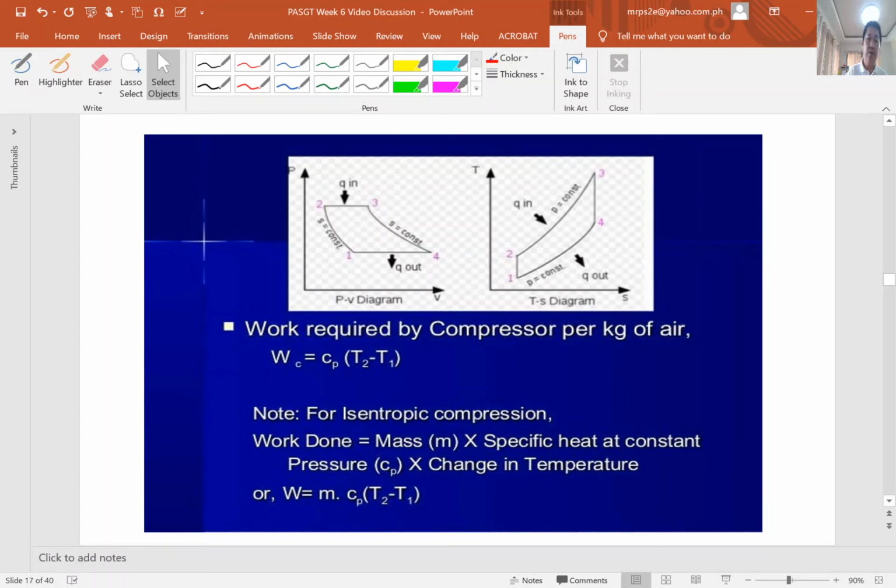So we have here also the equation for work required by the compressor per kilogram of air. By use of the PV diagram, the work required, WC, is equal to Cp multiplied by the delta temperature, or T2 minus T1.